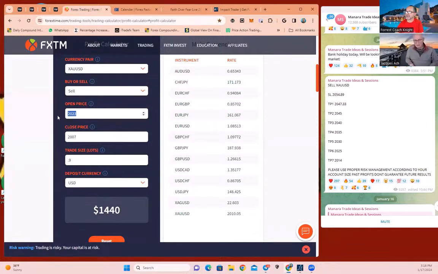So if you would have entered at 2049 and left that trade till it got to 2014, and you had a 0.5 lot, just a half a lot, that's $1,700 you would have made on that trade. Period. Again, I'm not going to guarantee that.